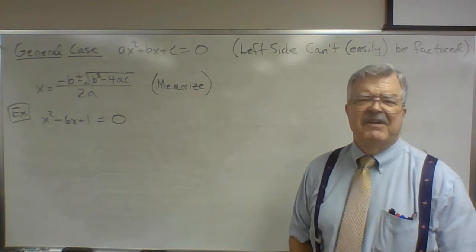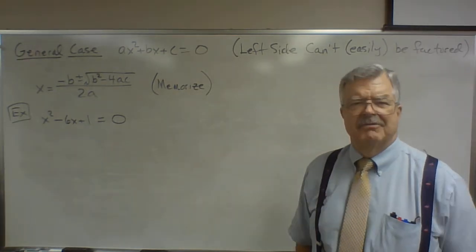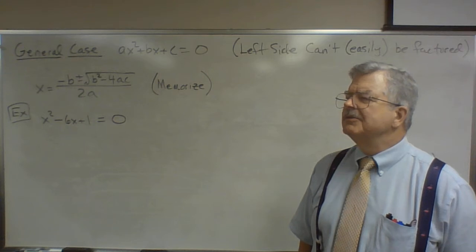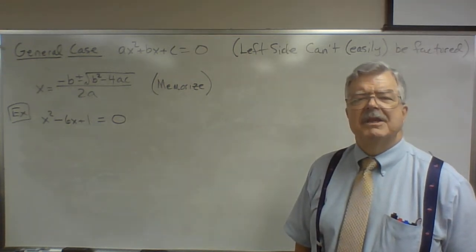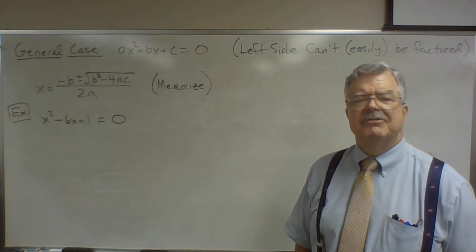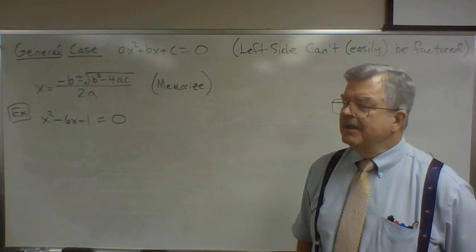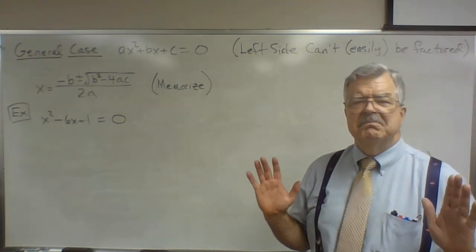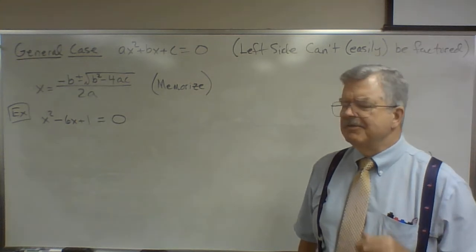Review it 5 or 10 times a day for about a week, and we'll know it for the rest of our lives. x equals, quotient on top, negative b plus or minus the square root of b squared minus 4ac, all over 2a. Go through it 10 times a day. In about a week, we'll know it for the rest of our lives.